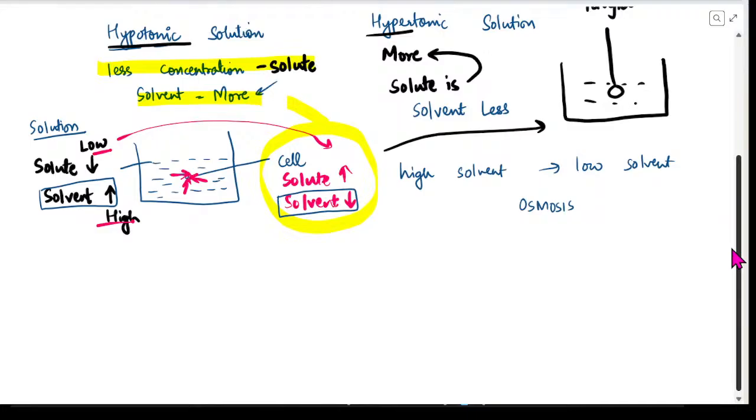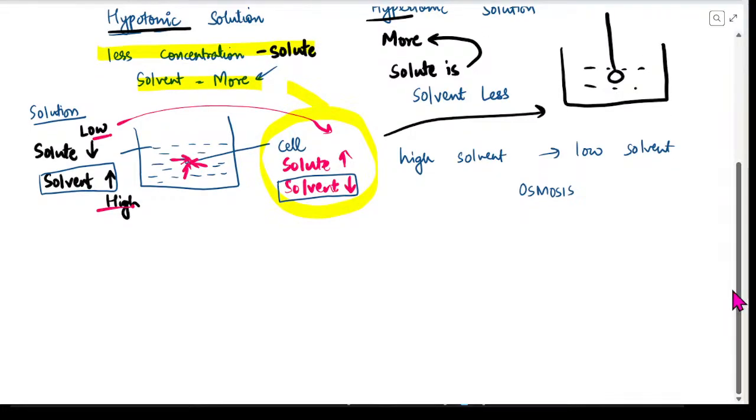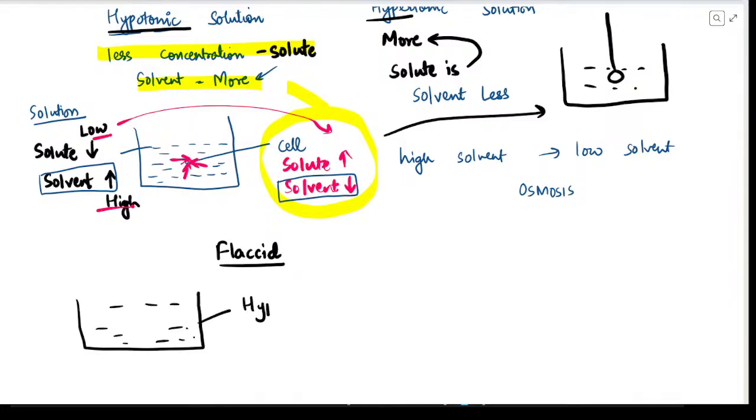Now let's talk about the opposite of it, and we will be talking about the concept of flaccid. To understand the concept of flaccid, let's talk about hypertonic solution. So I have taken a container and this has hypertonic solution.